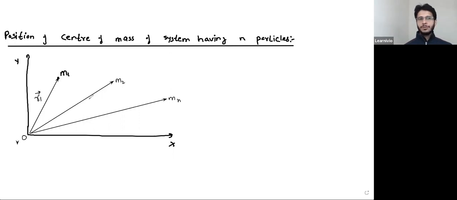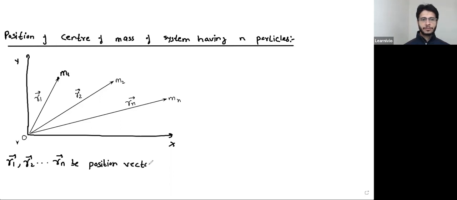Position of another mass m2 with respect to origin is r2. Position of another mass mn with respect to origin is rn. So you have n masses having position vectors r1, r2 and rn with respect to origin. Let r1, r2, rn be the position vectors of n particles.